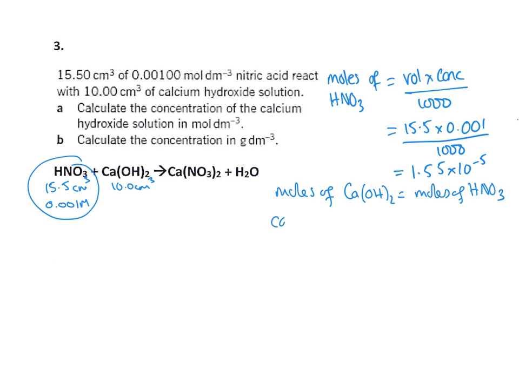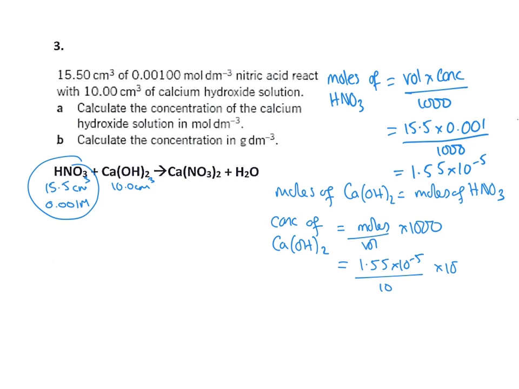So then I can work out the concentration of calcium hydroxide by doing moles divided by volume times 1,000. The moles are 1.55 times 10 to the minus 5. The volume is in the question as 10, which gives me a concentration of 1.55 times 10 to the minus 3.